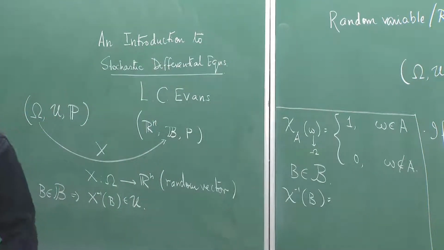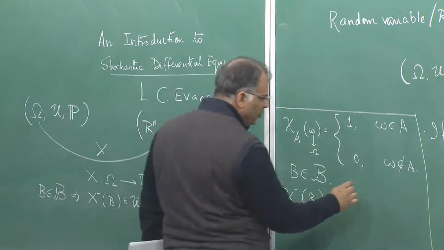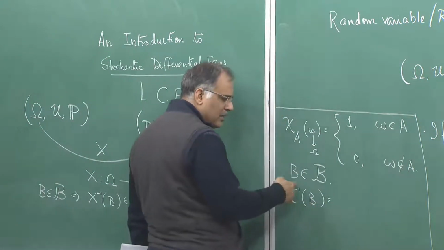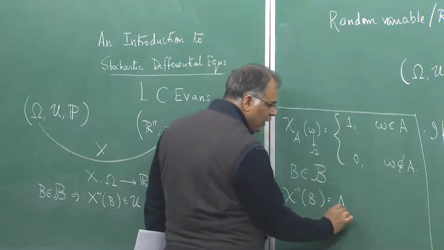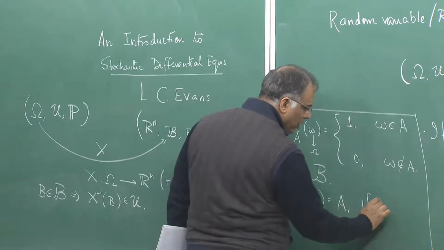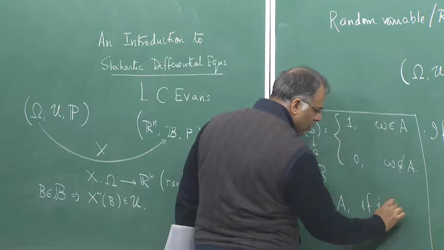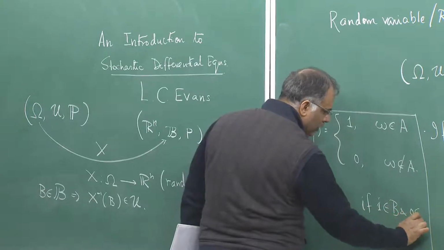That is the key question. See, if 1 is in B and 0 is not in B, then this would be A.